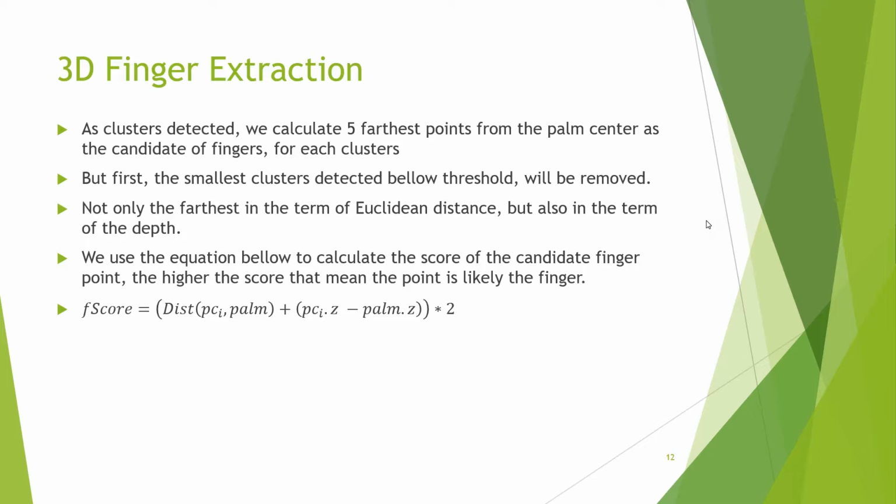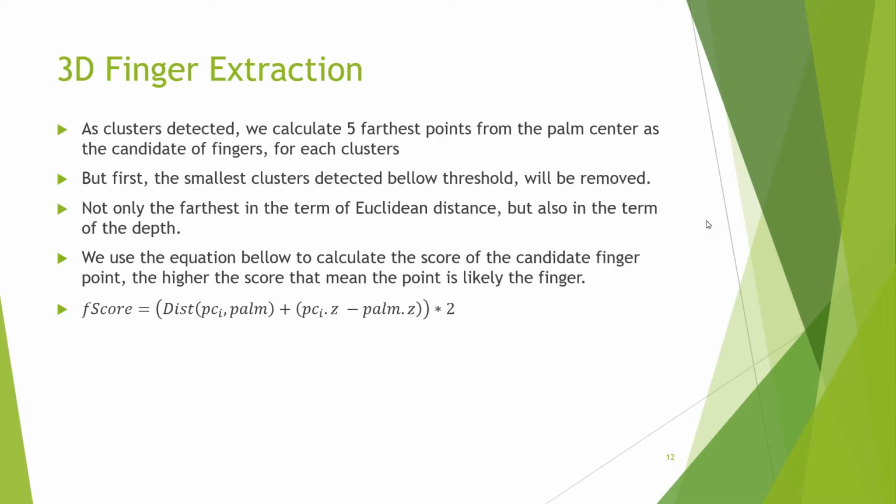As I said before, smaller clusters below some threshold will be removed. We look not only at the farthest point in terms of Euclidean distance, or other distances, but also in terms of depth. So we give a score to each point with the equation below, and the point with the higher score is likely the finger candidate.